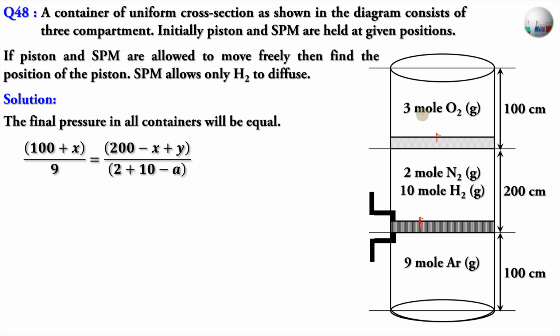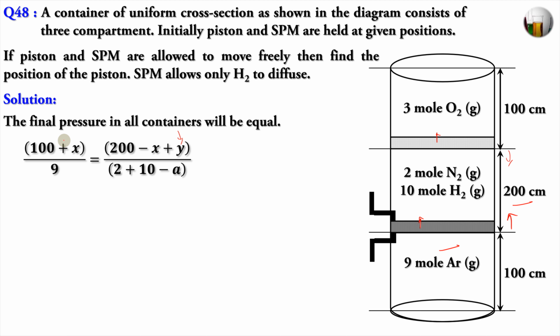So 100 plus X upon 9, we are looking at argon, will be equal to 200 minus X. I'm assuming it is going up. We don't really know what the pressures are, so we are randomly saying it's going up, and this is going up. This is going down perhaps, because that's what the Y means. So 200 minus X plus Y upon the total mole, which is 2 plus 10 minus A.